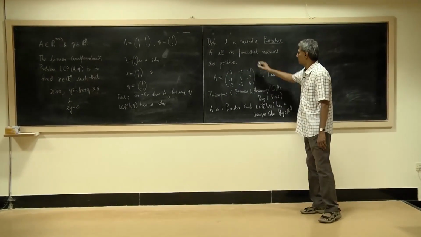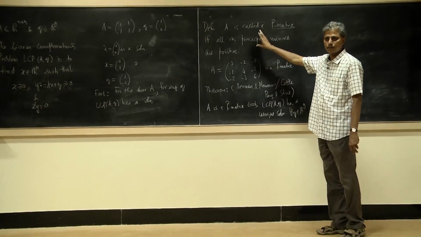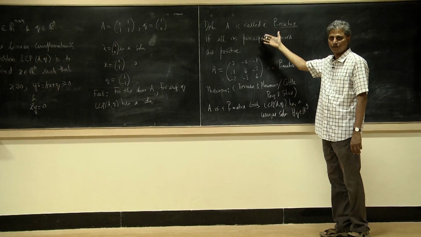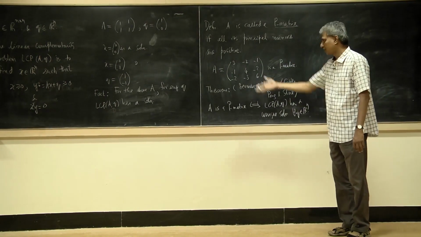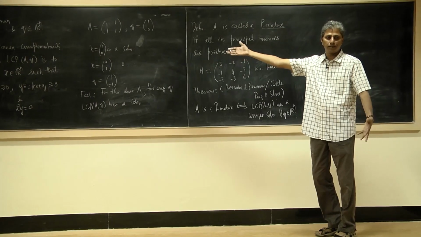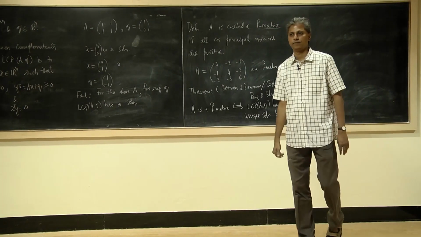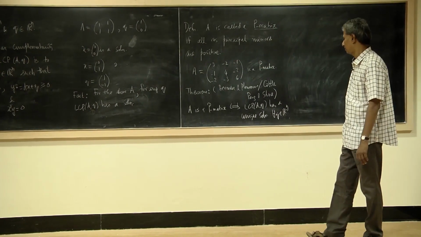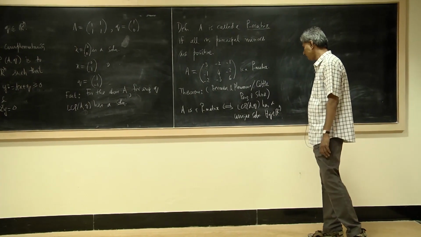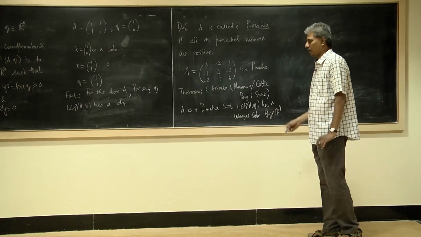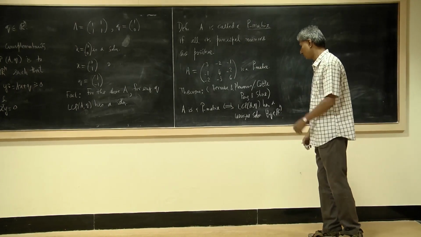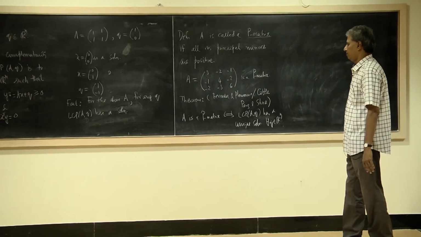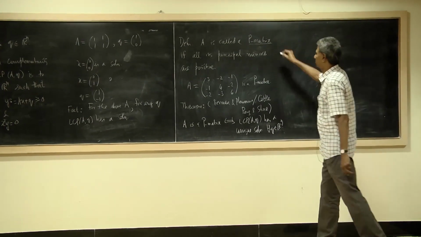You are asking something on the principal submatrices of the matrix A, but it has some connection to an optimization problem, a connection to LCP. I just wanted to state this result because it may take about an hour to prove this. This is one class. So P matrix is one class.